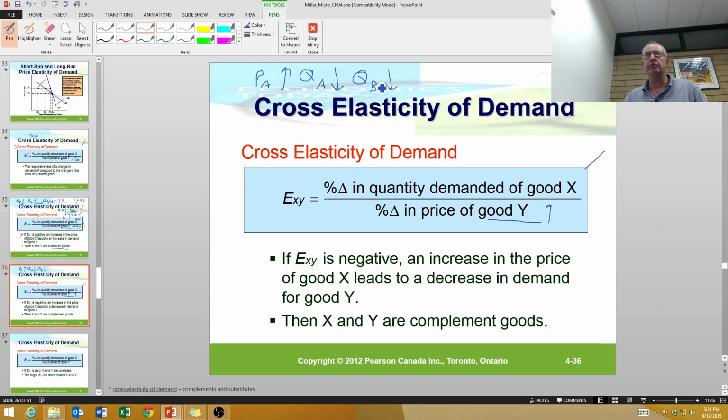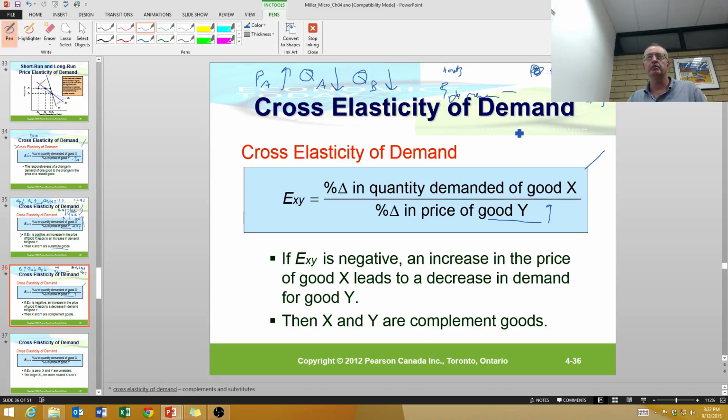So a good example of this is probably recreational boats and life preservers, assuming you need to have life preservers in every boat. If the price of boats declines, then the quantity of boats demanded will go up, and the quantity of life preservers demanded will also go up.